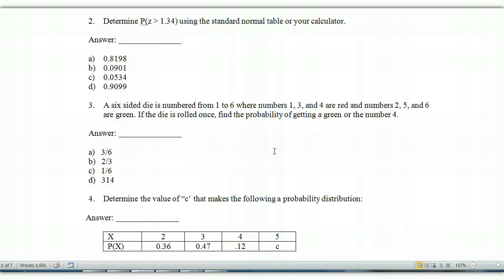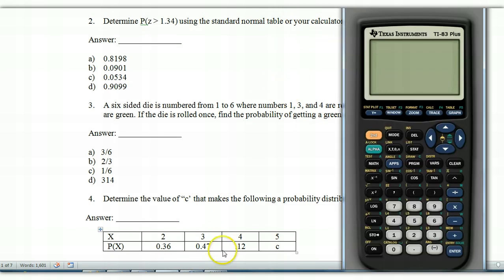Number 2, determine the probability z is greater than 1.34 using the standard normal table or your calculator. We went over the standard normal table in class, but I showed you how to do it on the calculator. It's a little bit more precise and accurate. So go to the distribution menu, DISTR, and then select normal CDF.